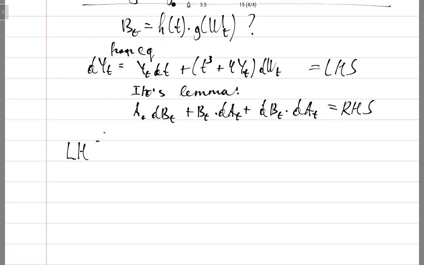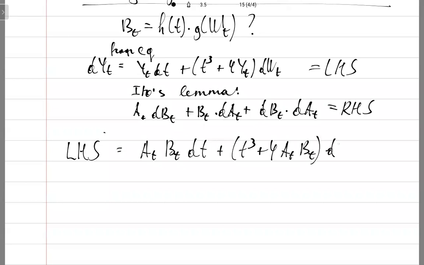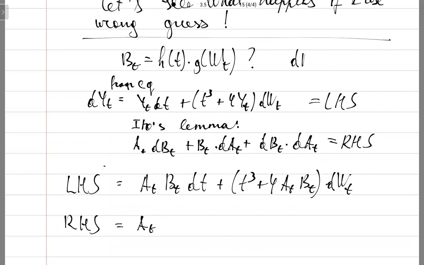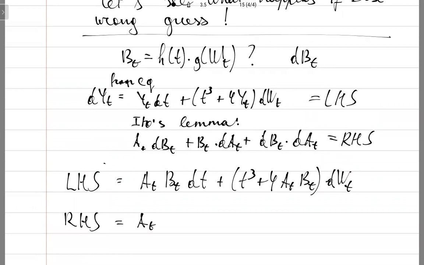In the left-hand side, I have AT BT dt plus t cube plus 4AT BT dWt. In the right-hand side, I have AT, and what is dBT? So let's write dBT.